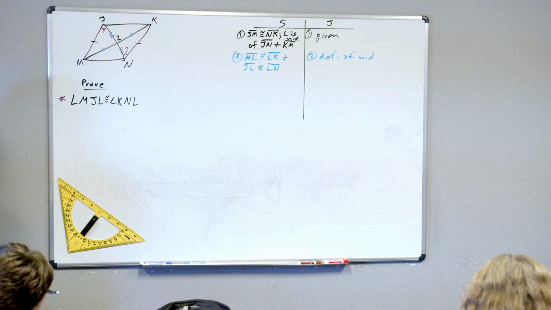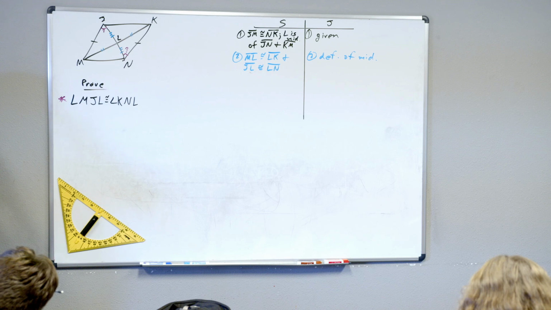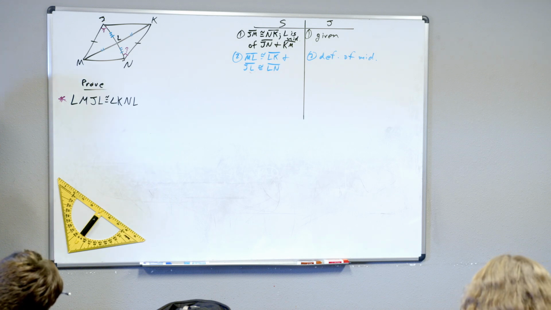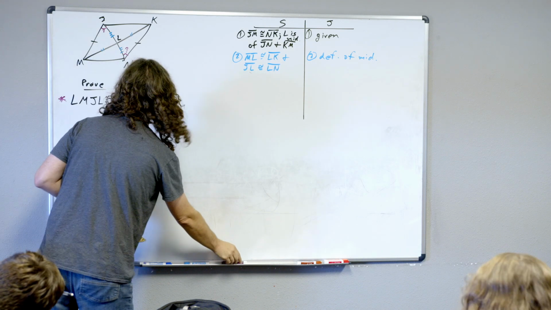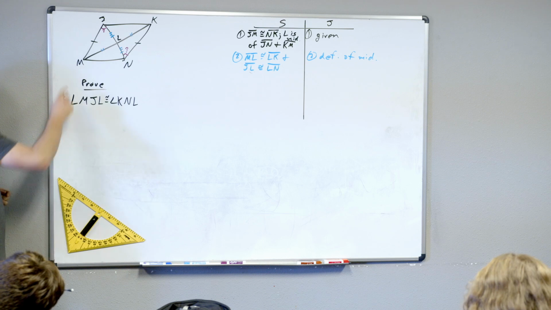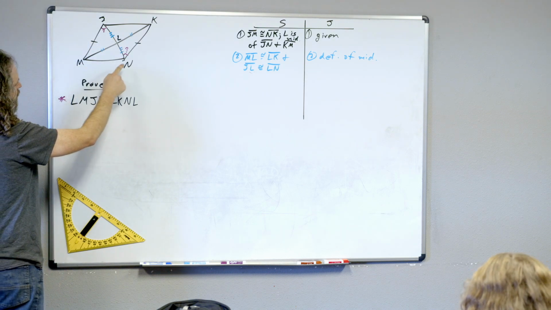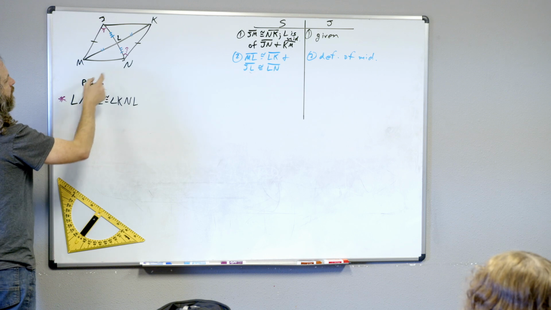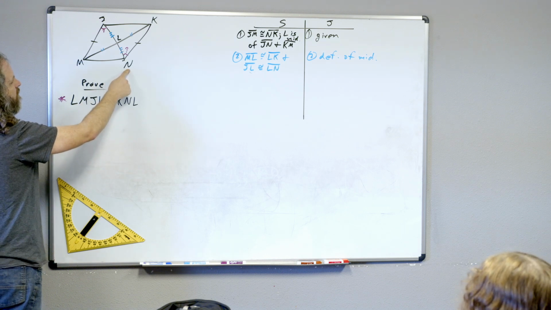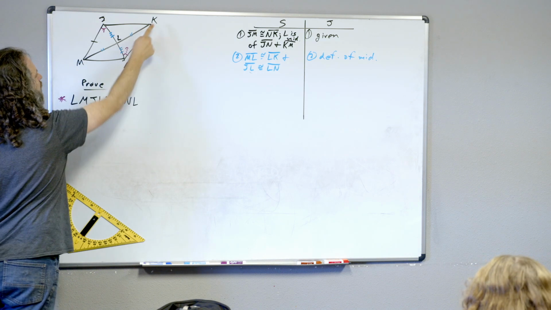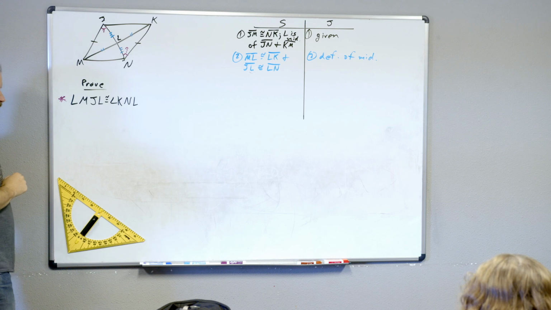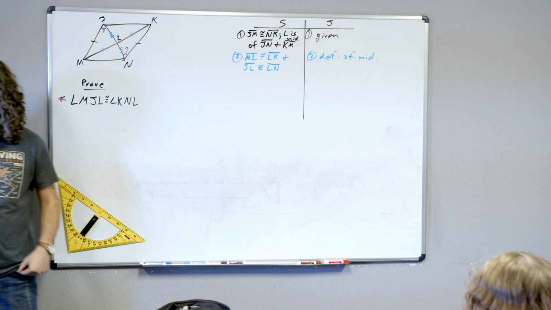Do it because of SSS. Yeah, so we can say which triangles are congruent because of SSS. J L M and you would want to say N L K, because the order matters. It does? Yes, I asked.